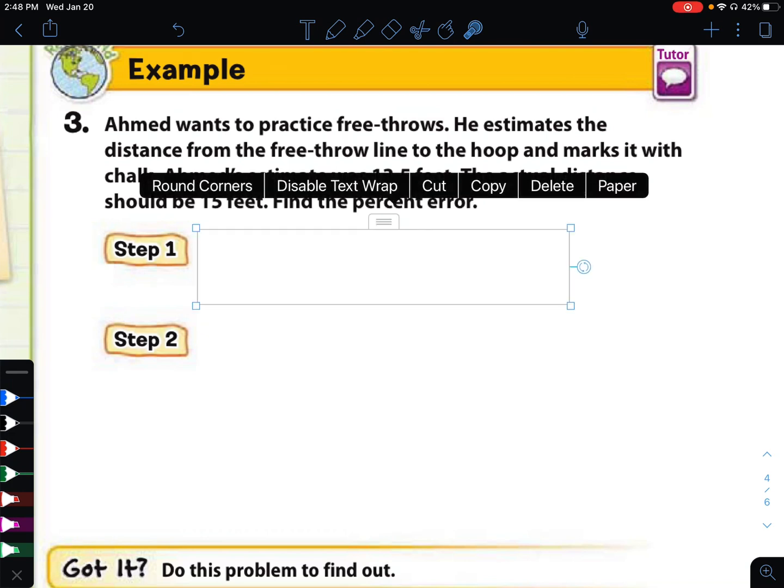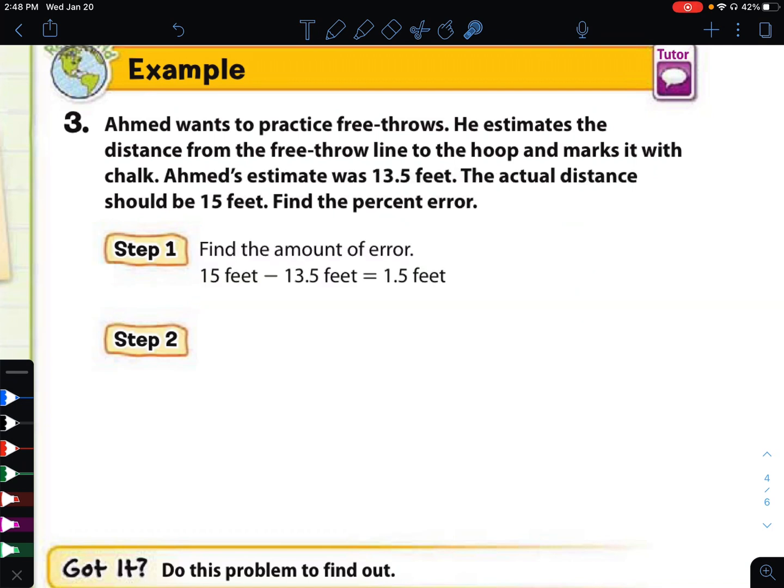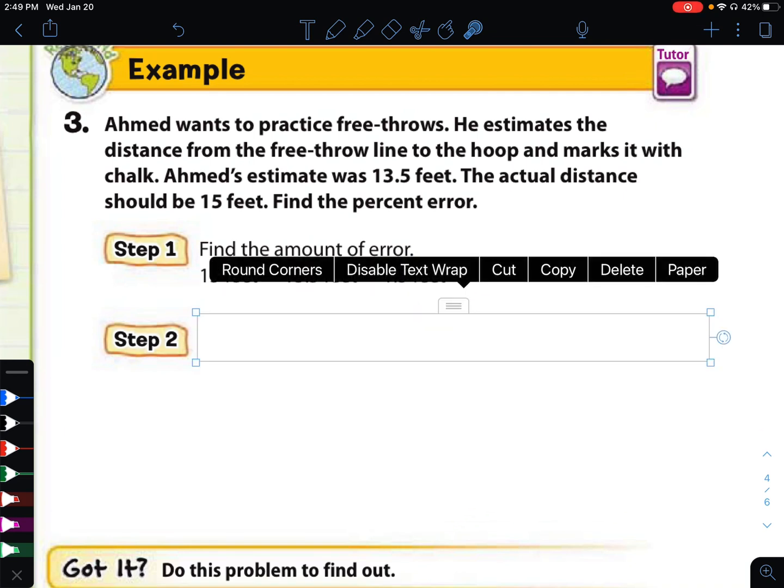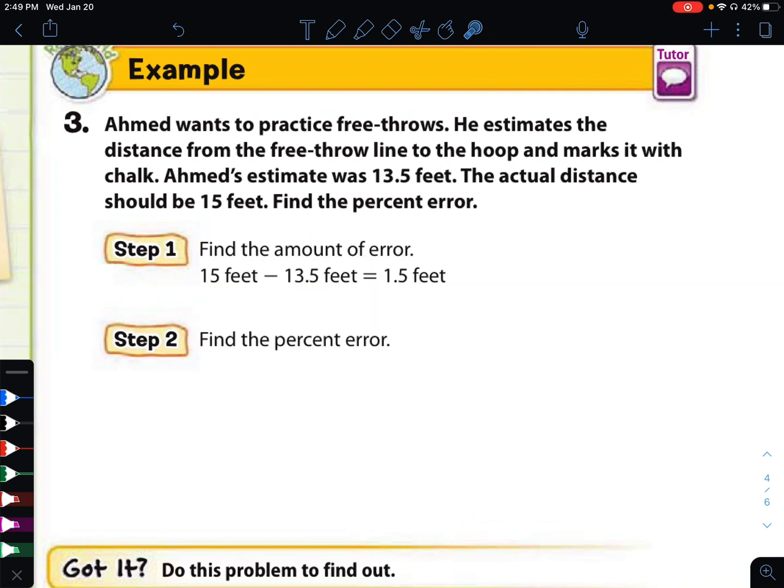First things first, we need to find the amount of error that Ahmed made. So the amount of error is 15 feet minus 13.5 feet, which gives us 1.5 feet. This is our amount of error. The next step is finding the percent of error. Again, our percent of error is given by the formula amount of error over the actual amount.